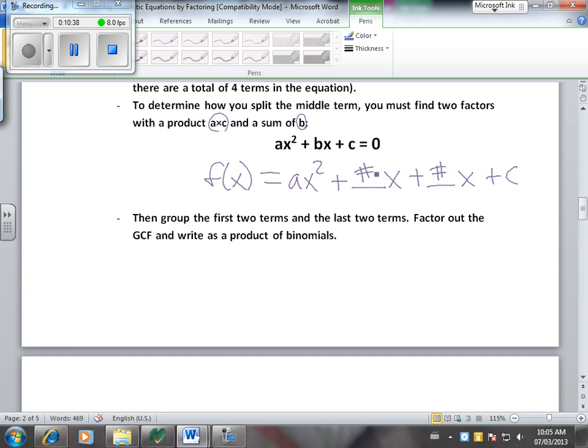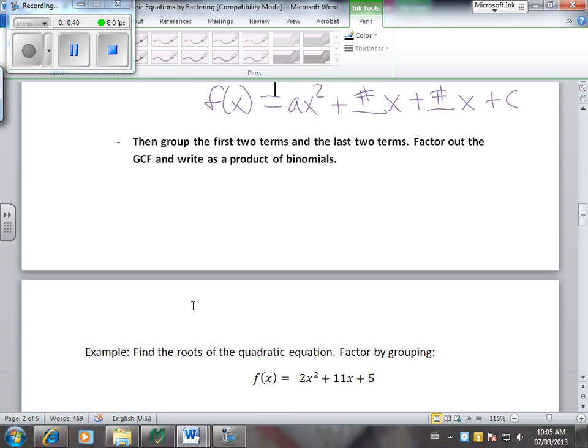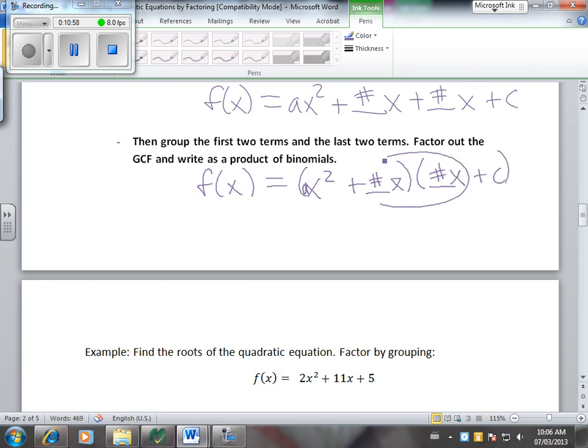Then you would group and factor, and you get f of x equals ax squared plus one of your x terms, and then you'd get your other x term plus c. Okay, and so these two together make your bx, but you split them up.